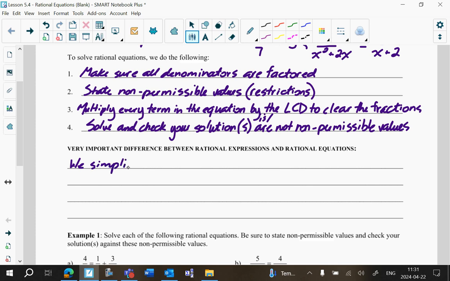We simplify rational expressions. Okay. When we work on rational expressions, our answers are going to be likely fractions, like we've been doing. Sometimes they simplify all the way to a non-fraction, but for the most part, they are fractions.